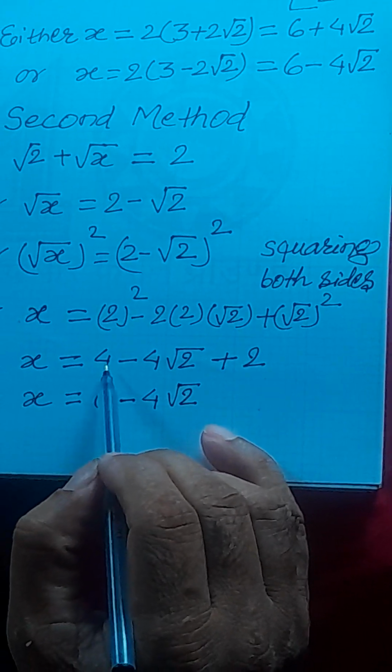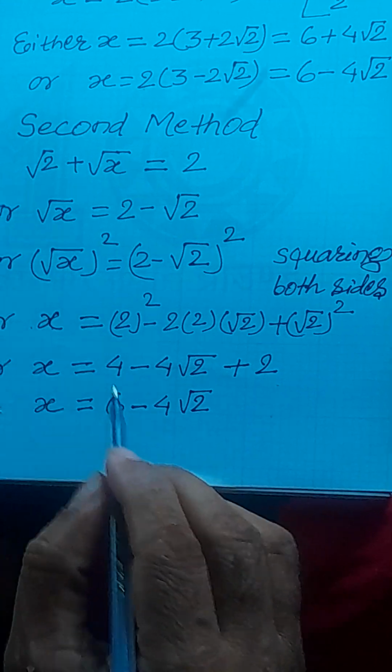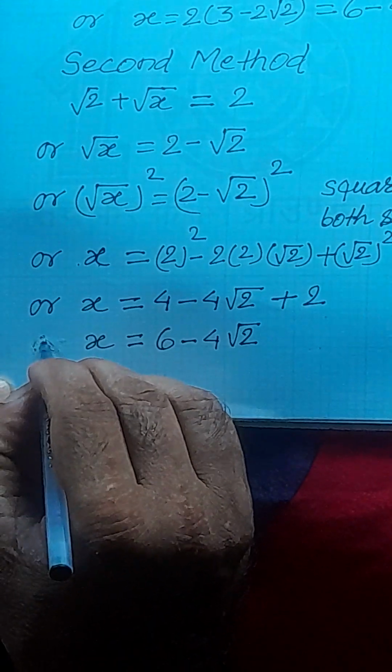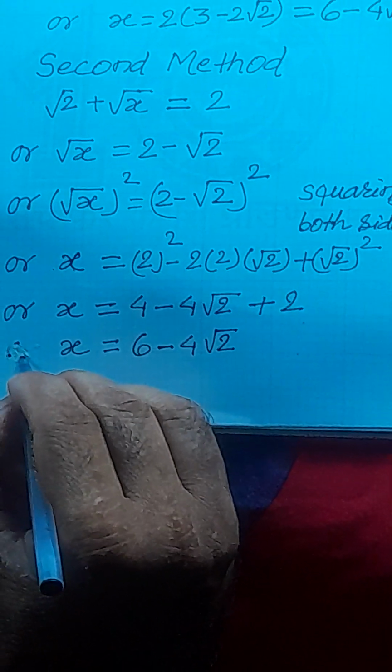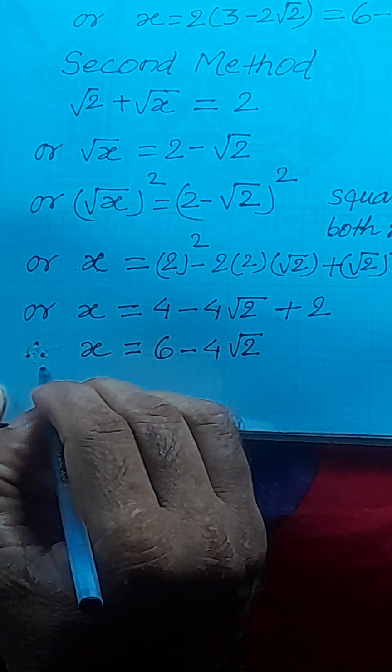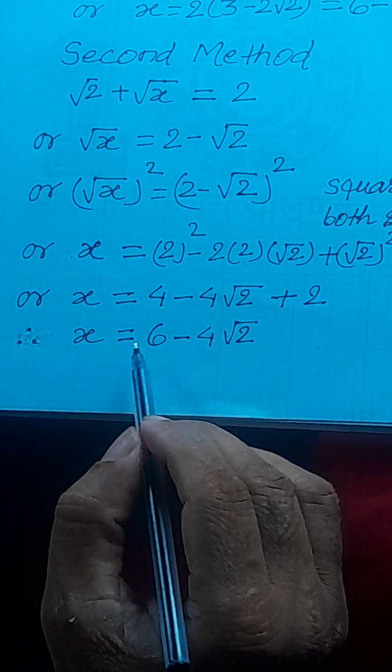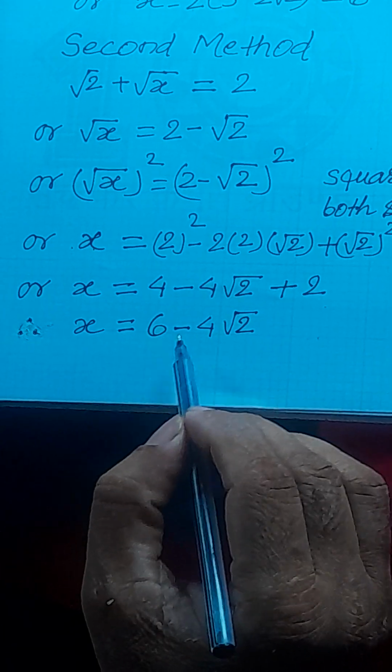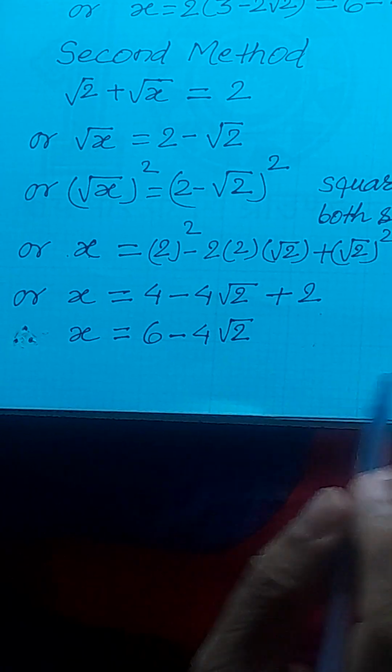Now 4 and 2 equal 6. So this is our final answer. Generally it is written at the last. Therefore x equal to 4 plus 2 equal to 6 minus 4 root 2.